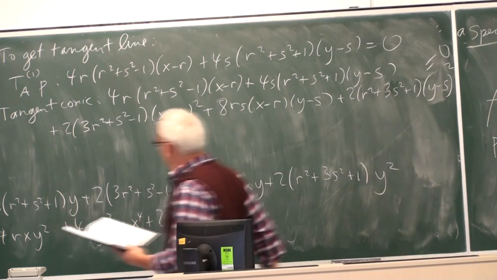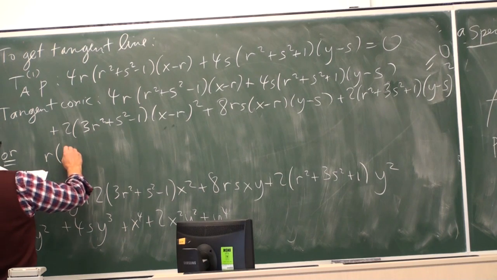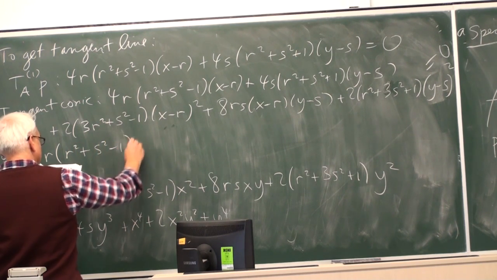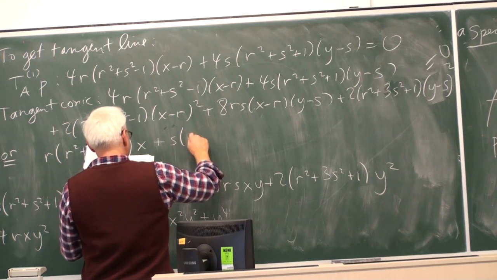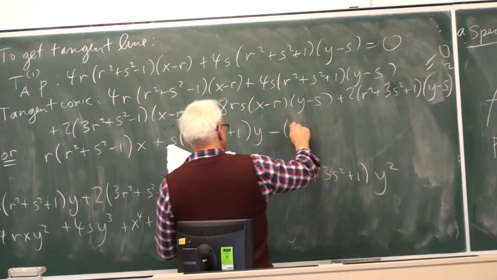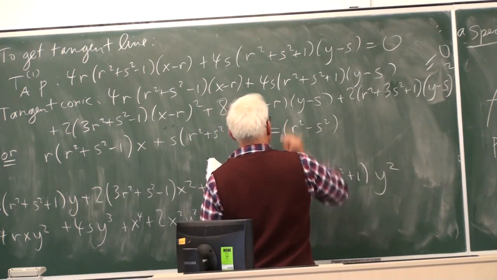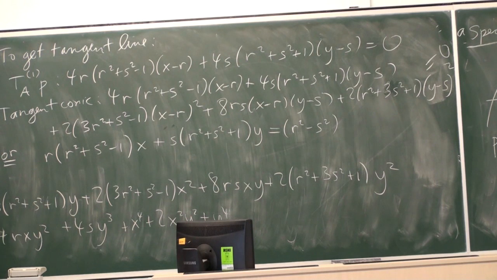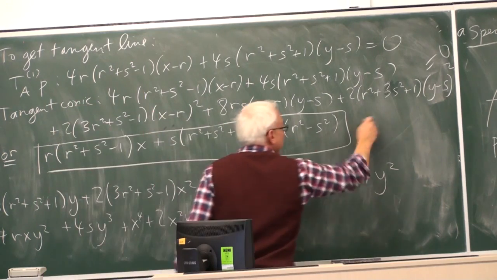If you expand all this out and simplify, you get r(r squared plus s squared minus 1) times x plus s(r squared plus s squared plus 1) times y minus r squared minus s squared equals 0. Sorry, that's the tangent line. That's the equation of the tangent line, a simplification of this thing.